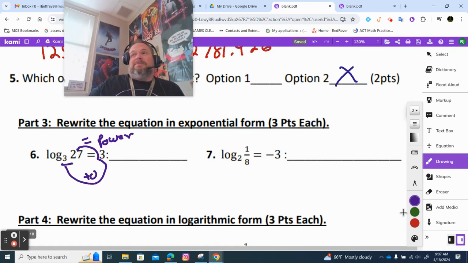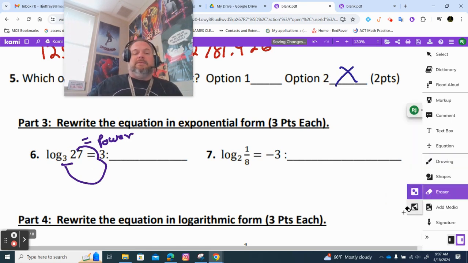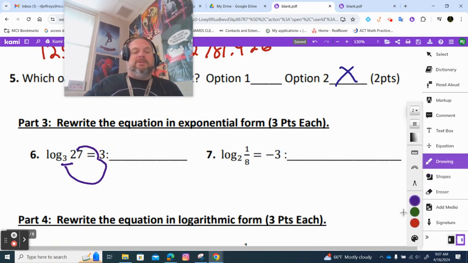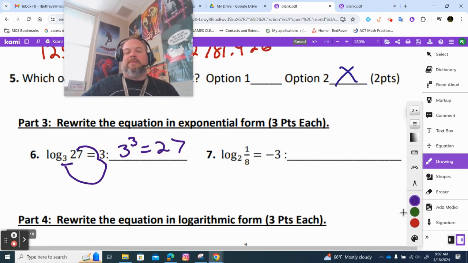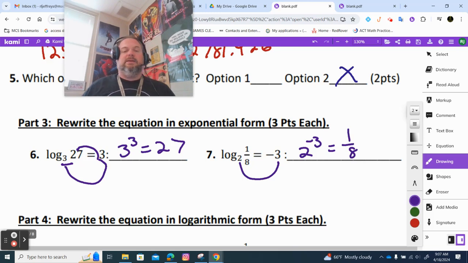That's how I used to do it way back when, because everything in the 90s is coming back, right? That's actually how I used to write it in the 90s when I took this class. But that's kind of a lot for some of y'all. So it's 3 to the third power equals 27, and 2 to the negative 3 is 1 over 8.